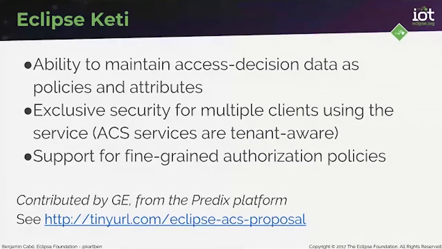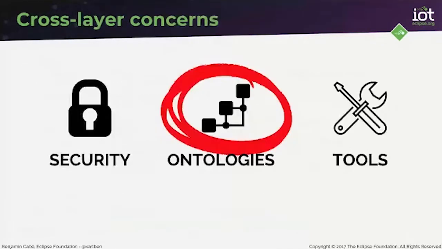It's OAuth on steroids, if you will: fine-grained and modular management of access control for who has access to what resources, who can read the telemetry stream from what devices, who can send commands, etc.